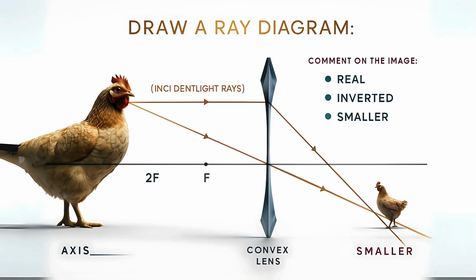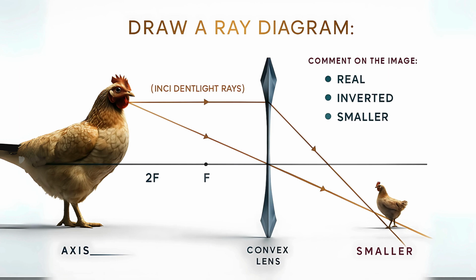After drawing the diagram, you may again be required to describe the image. In this example, the image is real because it is formed by actual light rays rather than extensions. It is also inverted, which simply means that it appears upside down in comparison to the original object, and it is smaller than the object in size.